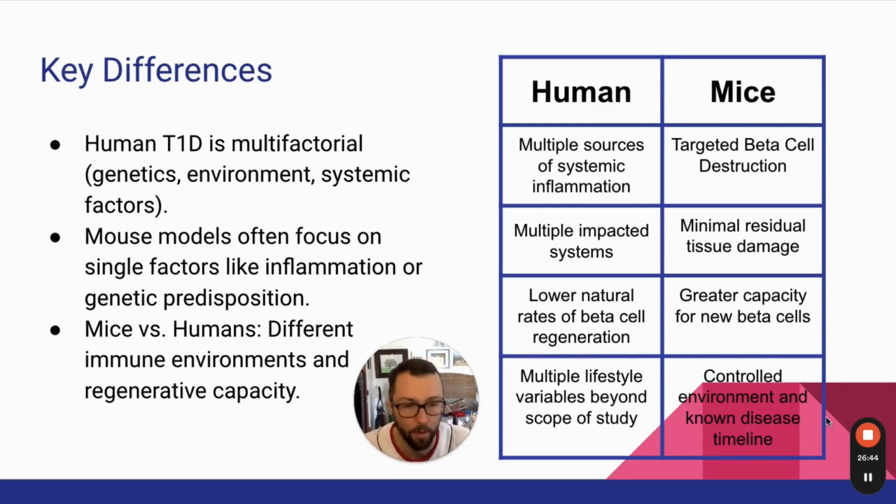It goes on and on. Whereas with these mice, it's fairly consistent, fairly traceable. And again, which allows for clearer results from a research perspective, but when it comes to actually applying it in real life, it gets more complicated.